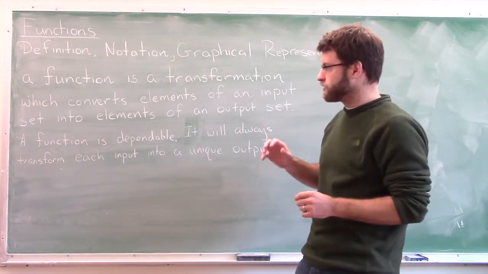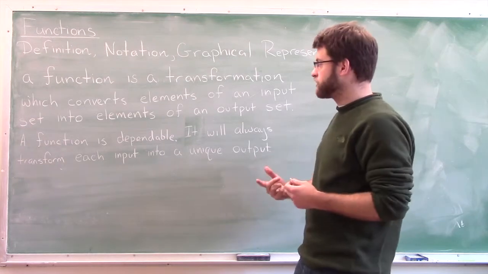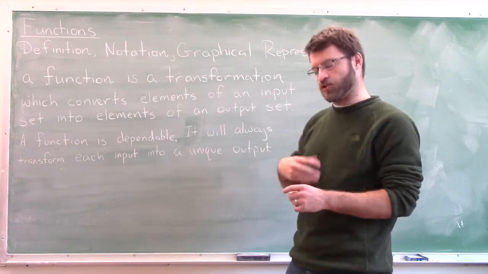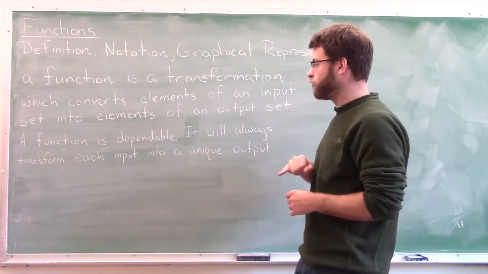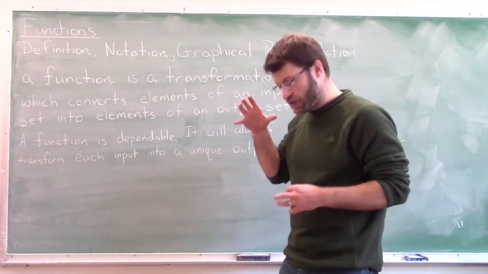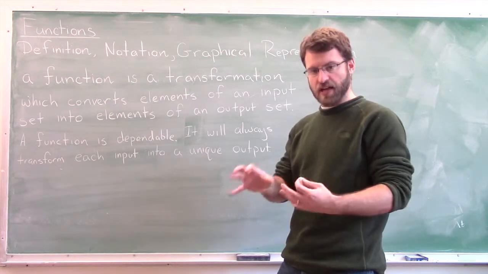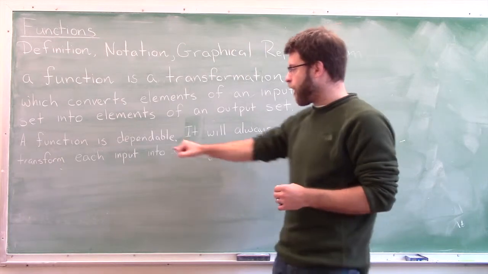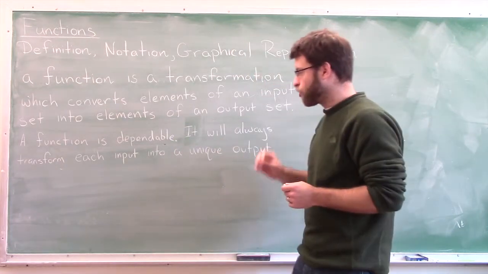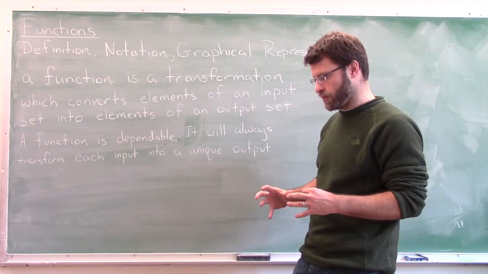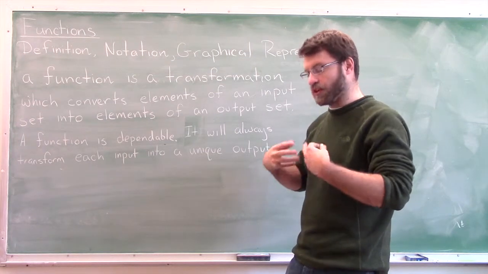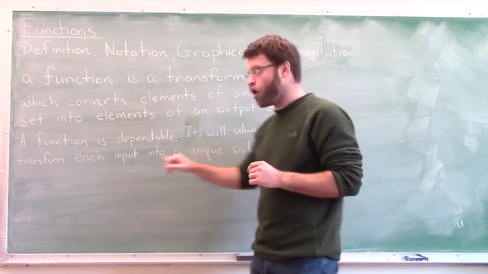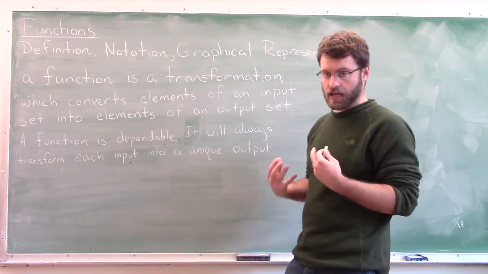So functions are transformations which take in elements or convert elements from an input set and then transform those into elements of an output set. The definition of a function, the thing that we use to attach this word function to it, requires dependability. It requires that the transformation be predictable or reliable enough so that any input that's given to the function always transforms into the same output.